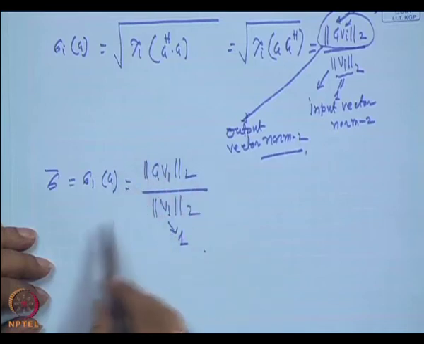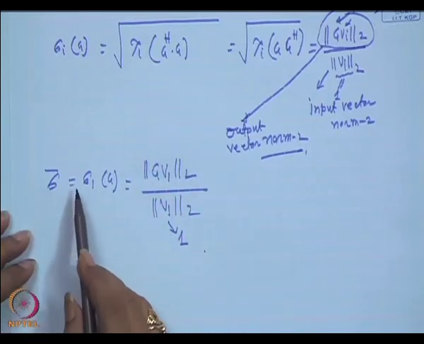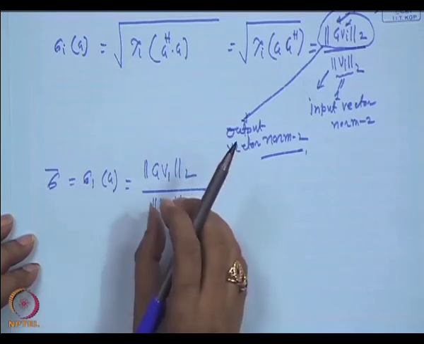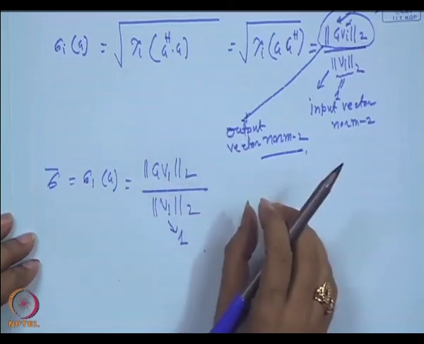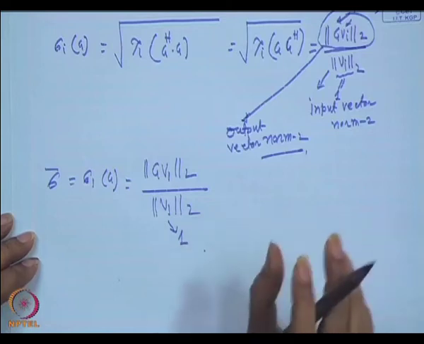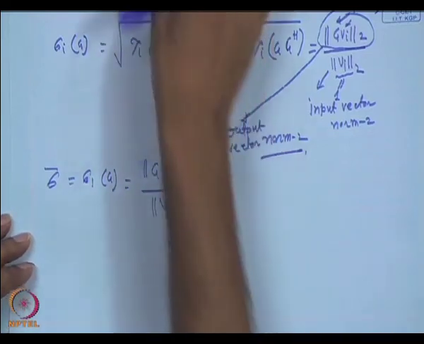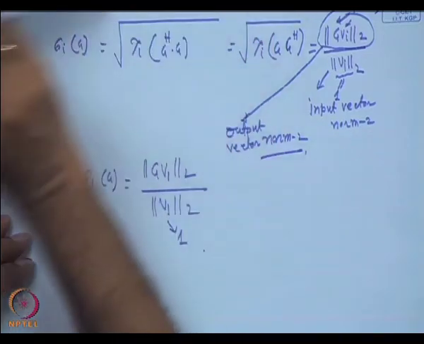So the maximum singular value of the transfer function matrix gives you the maximum gain of the system. This is our conclusion.